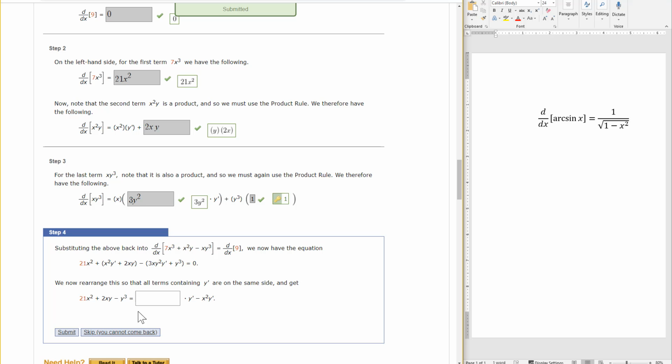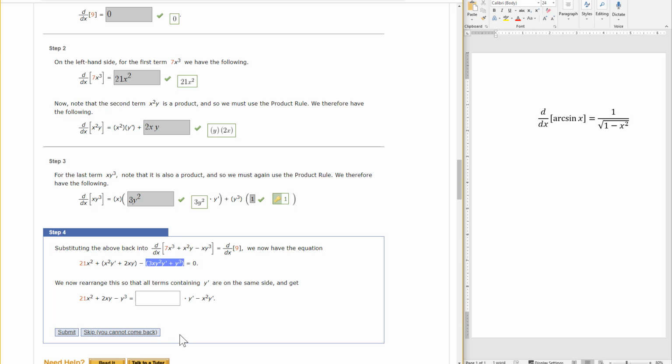So now we're going to put it all together. The derivative of 7x to the third is 21x squared. The derivative of the second term is 2x... oh, they did this for us already. The derivative of the second term is this product, and then minus the derivative of this term is this product rule.